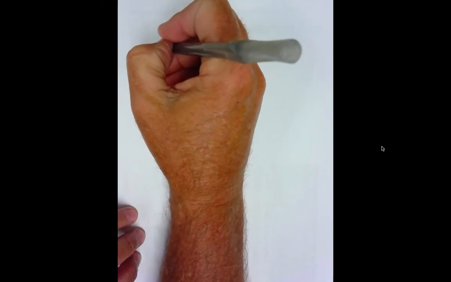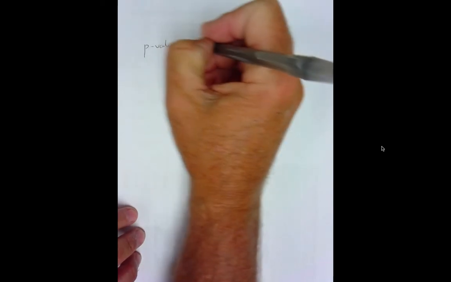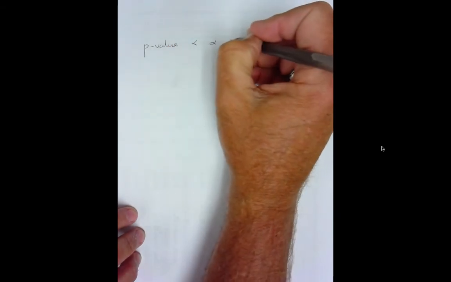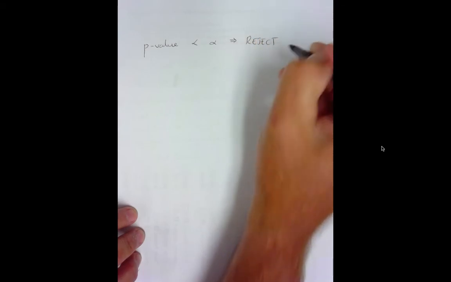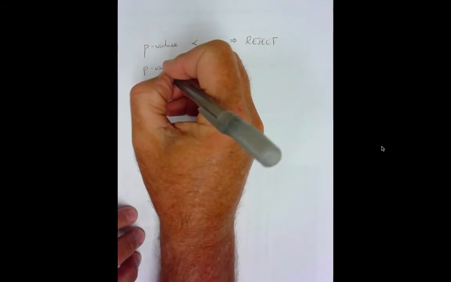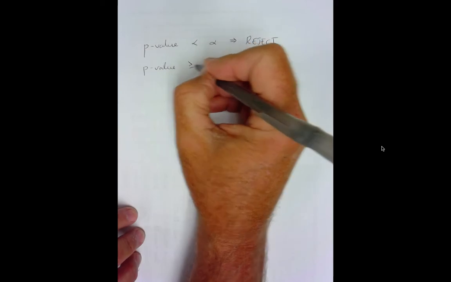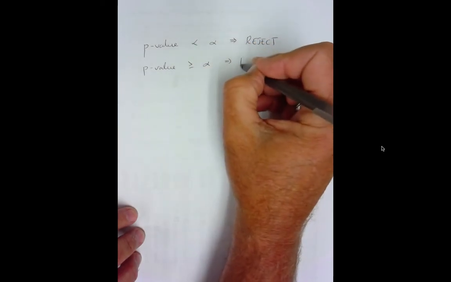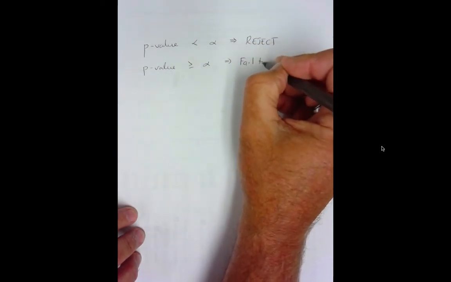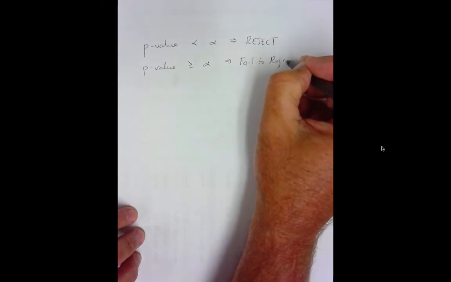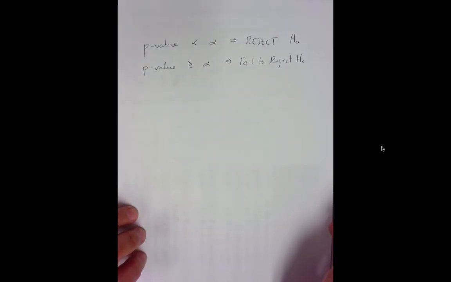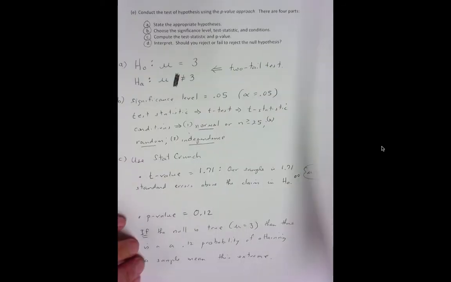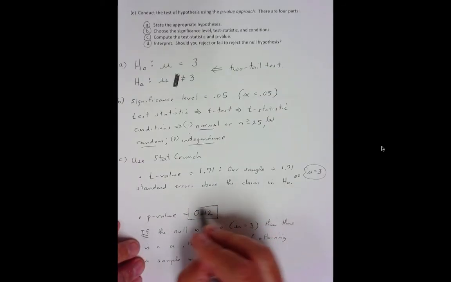Well, guys, remember the whole reject thing from the previous video. If our p-value is less than alpha, then we reject H sub O. Otherwise, we fail to reject H sub O. So our p-value was what? 0.12.